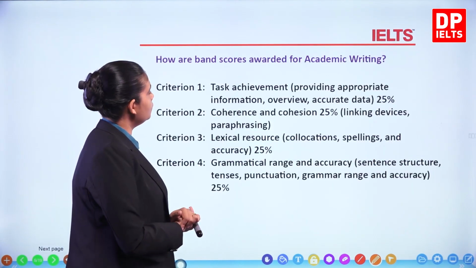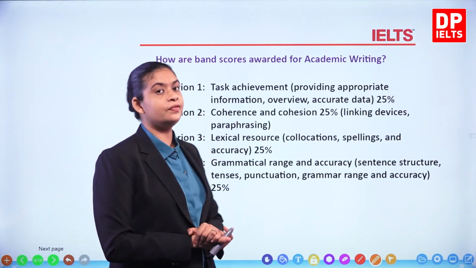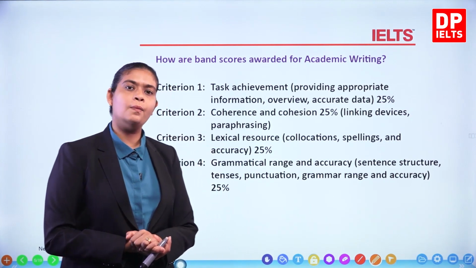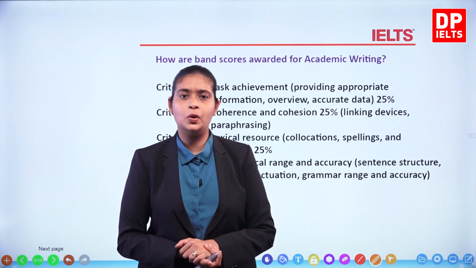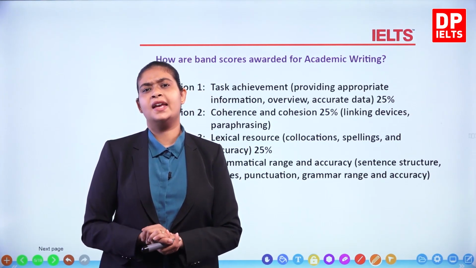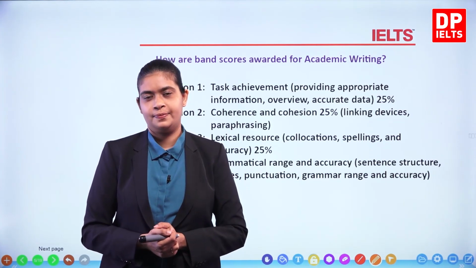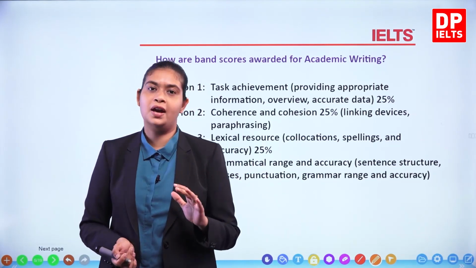Right, now moving on, how are band scores awarded for academic writing? Now, most of you come up and say, oh, Miss, we want a 4, we want a 5, we want a 6. Some of you actually tell me, Miss, I have 6.5, but I just need a 7, it's only 0.5, right? It's not just a 0.5.